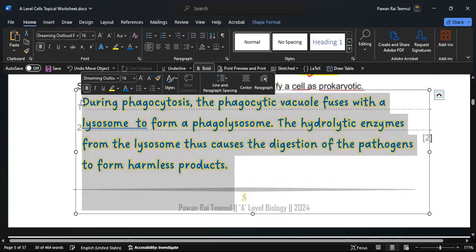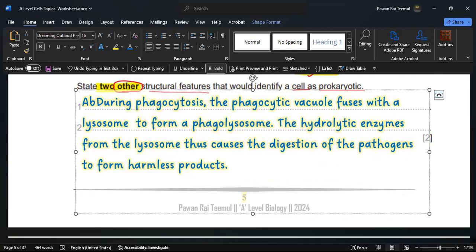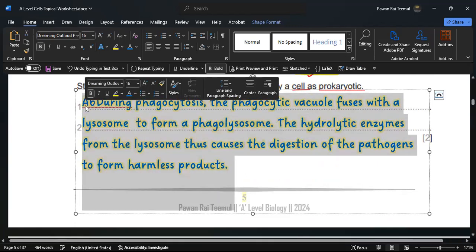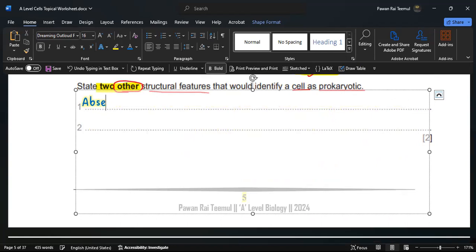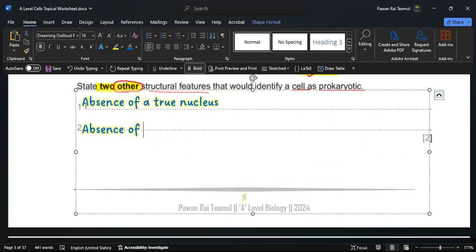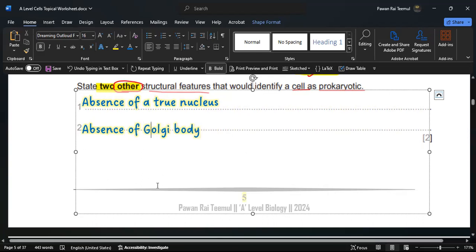All right, so what are the two things I'd say? Perhaps the absence of a true nucleus, and secondly, you could say absence of organelles. But using the word organelles is a bit too broad. I'd rather say, for example, absence of rough endoplasmic reticulum or Golgi body, because they do have ribosomes but they don't have a Golgi body.